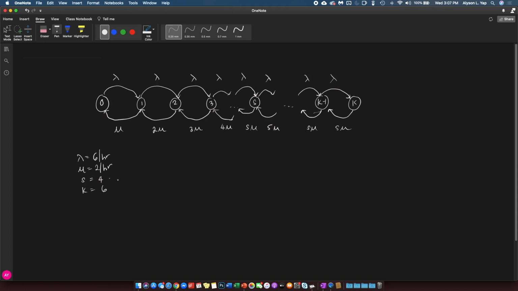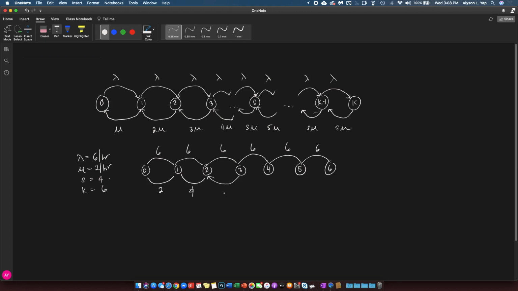So given the specific example, your rate diagram will look like this. States 0, 1, 2, 3, 4, 5, 6. Your arrival rate is 6 per hour. Your service rate will increase starting with 2 and then 4 and then up to 6.